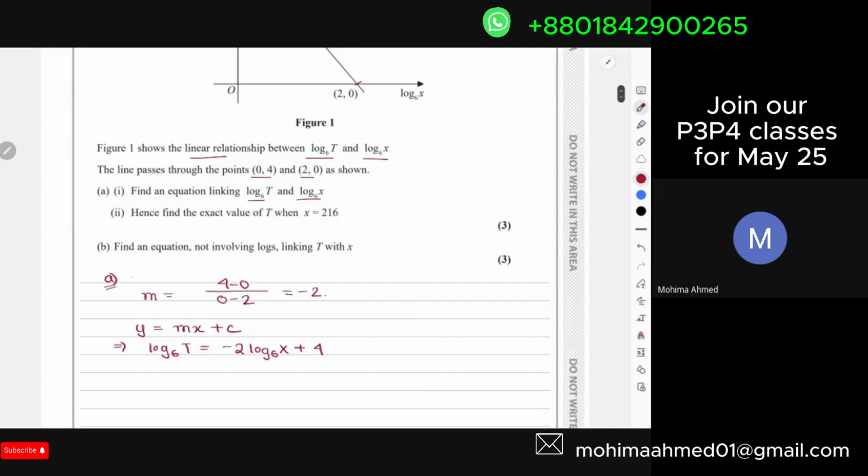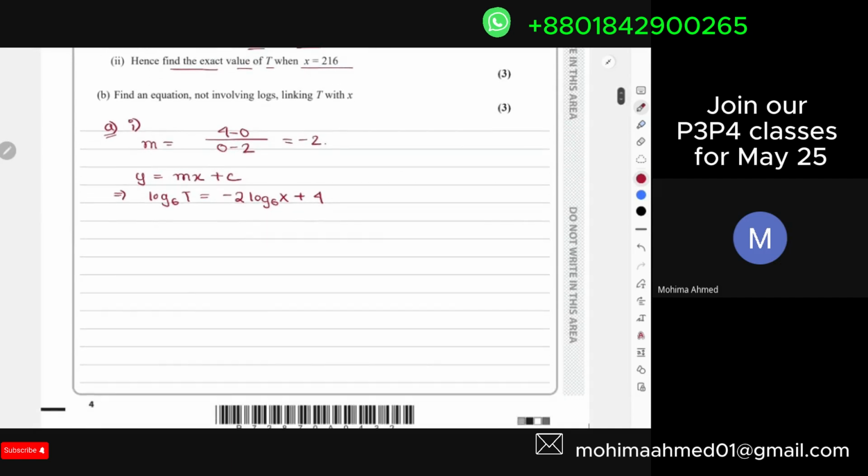After this, they're asking: hence find the exact value of t when x equals 216. That means you insert the value for x over here. If I take the 6 to the right-hand side, t is 6 to the power of minus 2 log 6 216 plus 4.